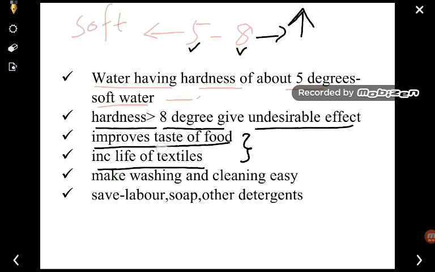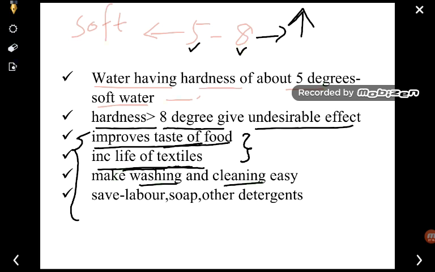It improves the taste of the food. Next, it increases the lifespan of the textile, and it makes washing and cleaning very easy, and it saves labor, soap and other detergents also. So you can say that these four points are the advantages of soft water.